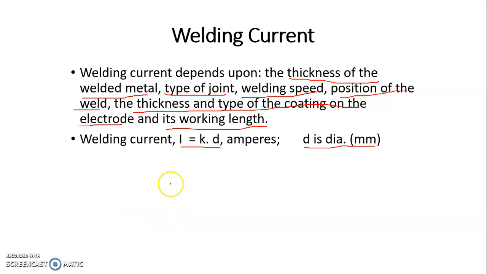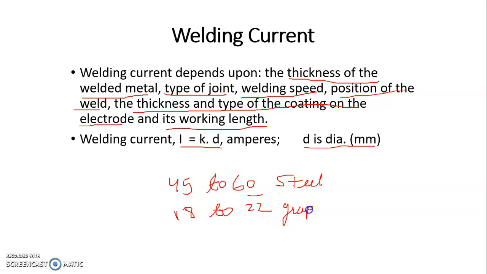K is 45 to 60 for ordinary steels, 18 to 22 for graphite, and 5 to 8 for carbon electrodes.